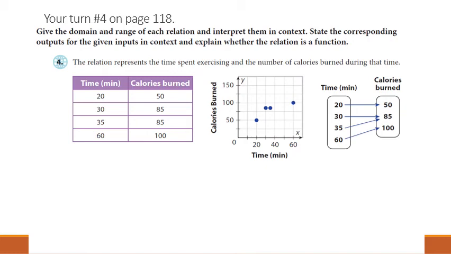So, we're asked to find a domain. And the domain is a set of all the inputs. The input in this case is the time exercising. So it'll be 20 minutes, 30 minutes, 35 minutes, and 60 minutes.